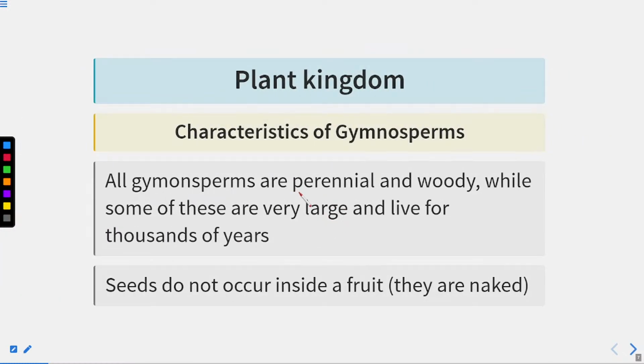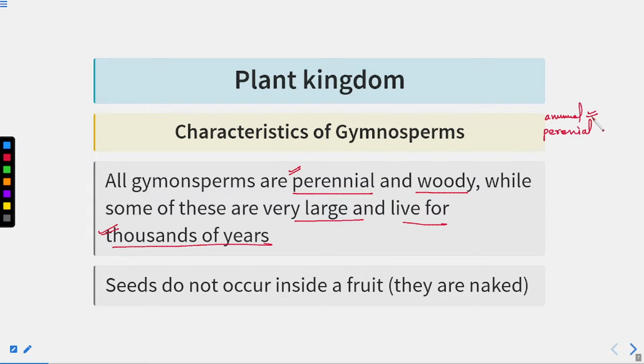All gymnosperms are perennial and woody, and some of them are very large and live for thousands of years. Gymnosperms are basically perennial. On the basis of flowering or completion of the life cycle, we have annual plants and perennial plants, right?